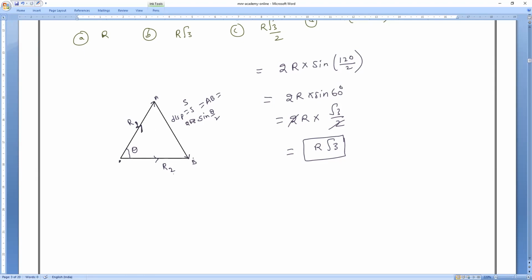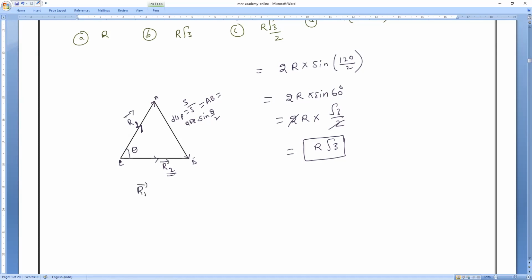The next one is R2, directly from this point to this point. Let me take that point as C if you want to feel. Keep in mind always, displacement plus this R1 equals R2. Observe very carefully how it will be.